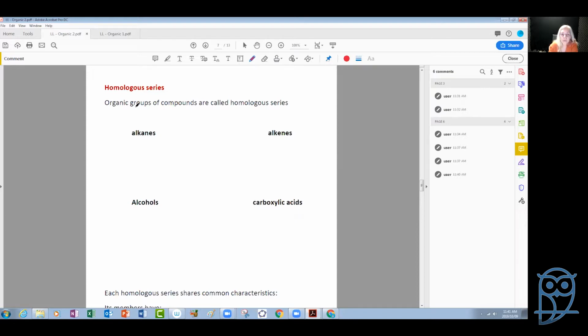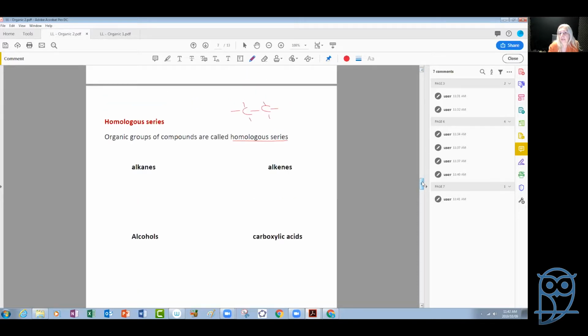Organic groups of compounds are called homologous series, like the alkanes, and here we have them on top to remind us that this is one important type of homologous series. And let us follow again with the example of ethane and see out of ethane how we're going to write other homologous series with two carbons in the chain.